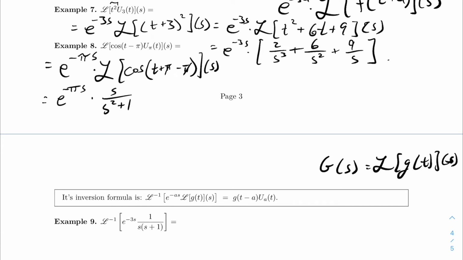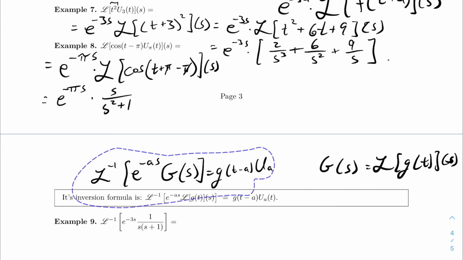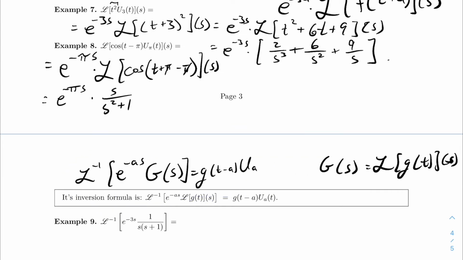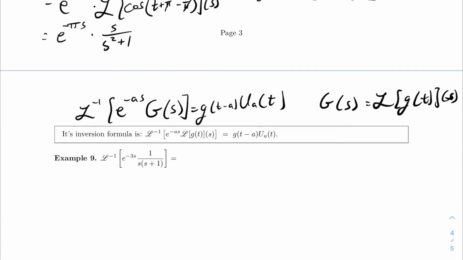And so you could write this as the inverse Laplace of e to the negative as times just capital G of s is equal to g of t minus a times u_a of t. So you can just do that. But let's see how to do this in an example.